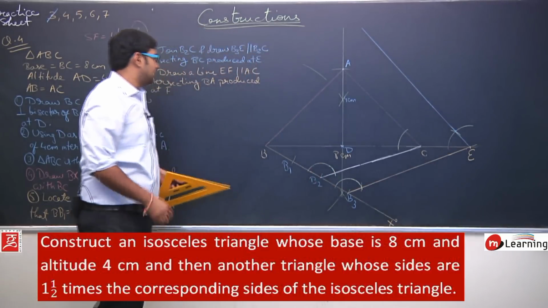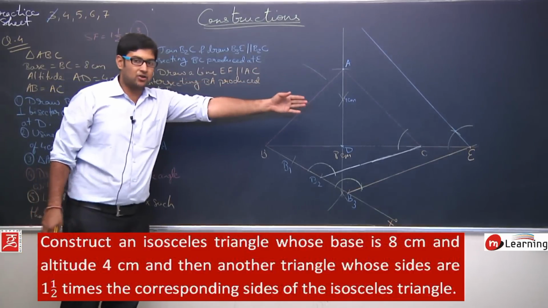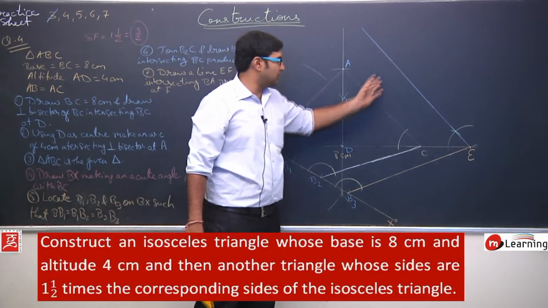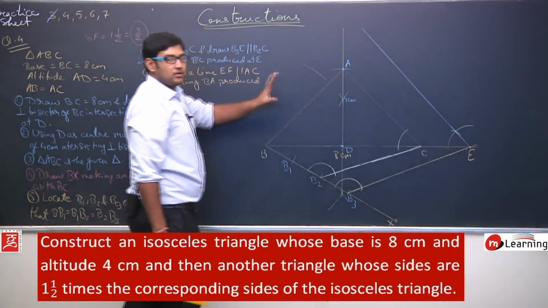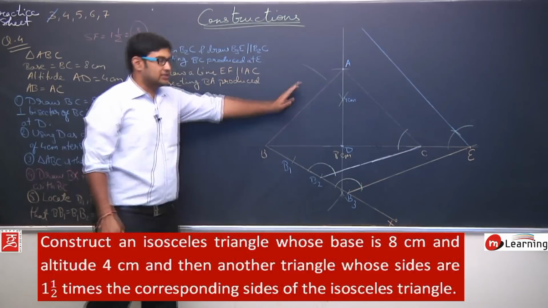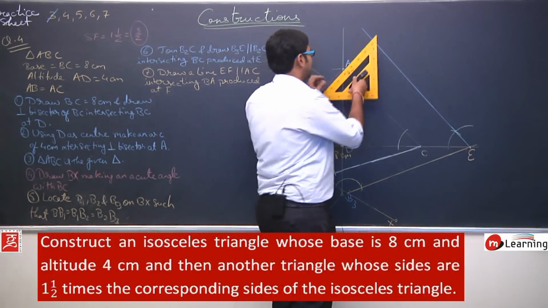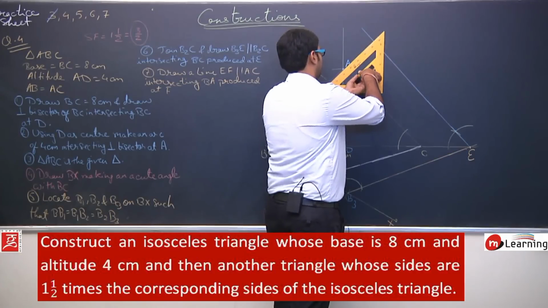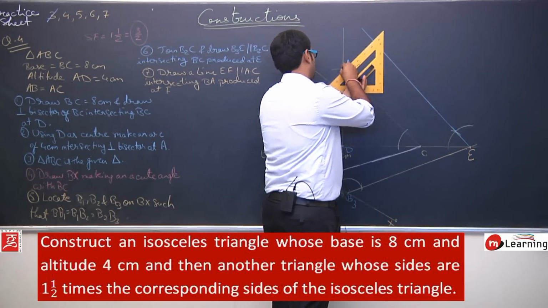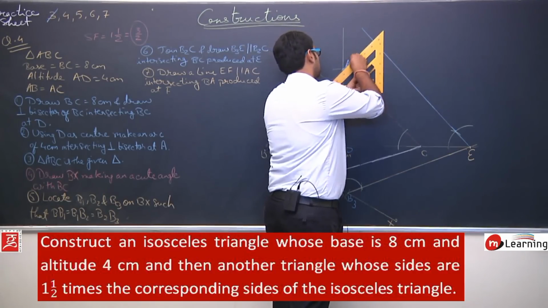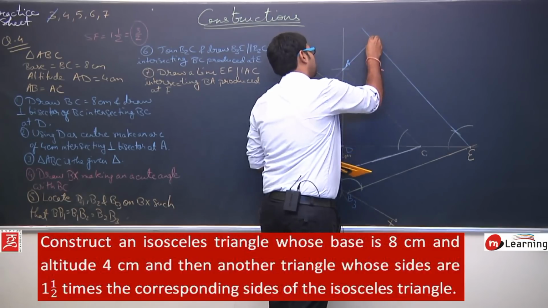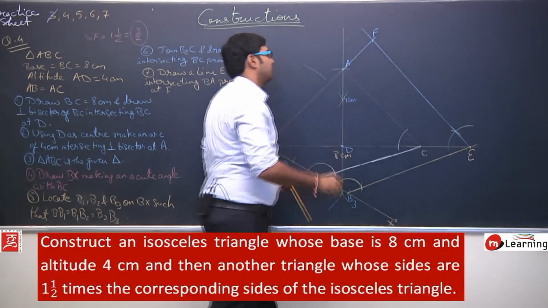Now what it is said, that this line I have drawn which is parallel to this line, you may find a bit error. So this line is intersecting this BA. So if I produce this BA, this point will be marked as point F.